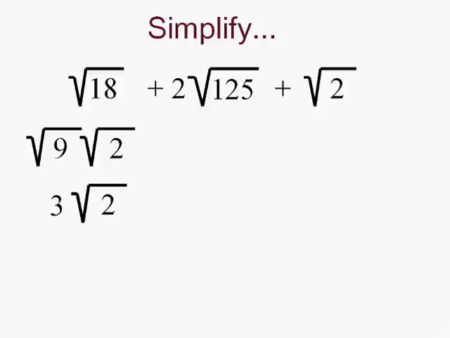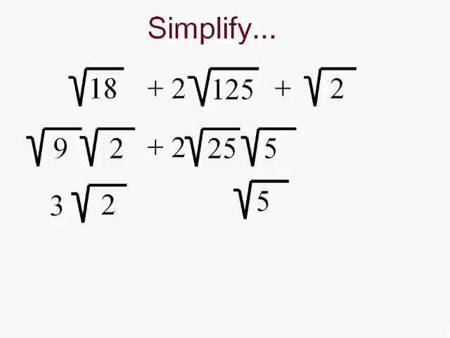Looks completely different, doesn't it? If we simplify this expression, we just bring the 2 down for now, and we break up the radical into the perfect square, 25, and the leftover 5. Now, the square root of 25 is going to be 5, and then you multiply them by the 2, and you get 10 radical 5.